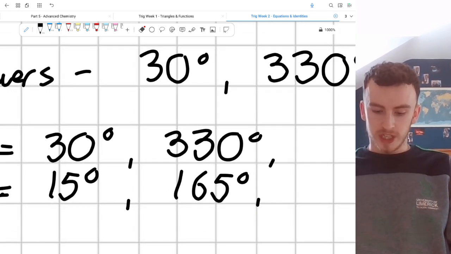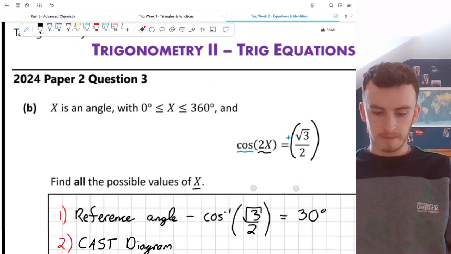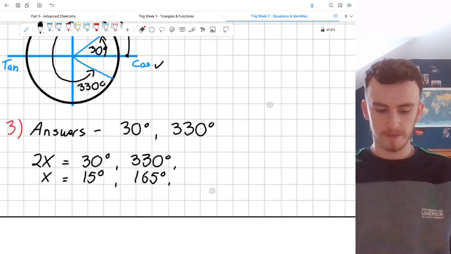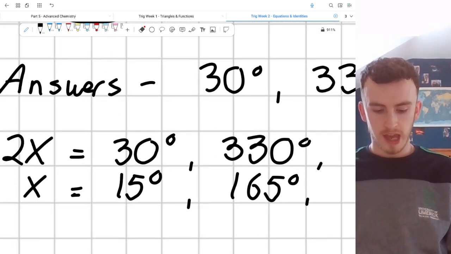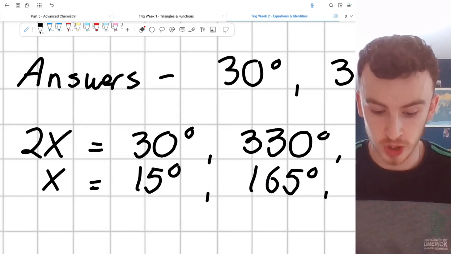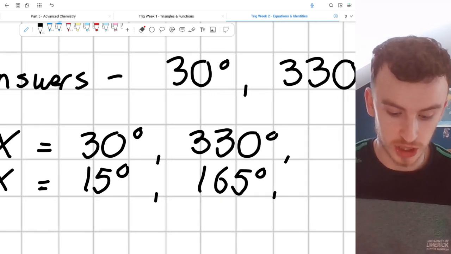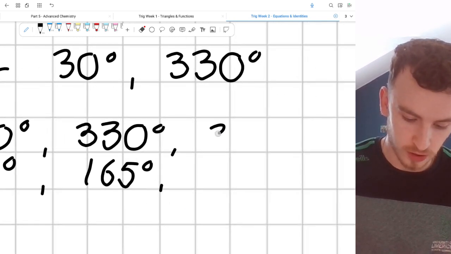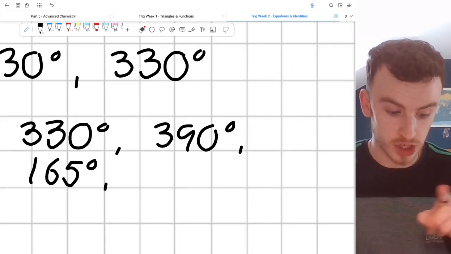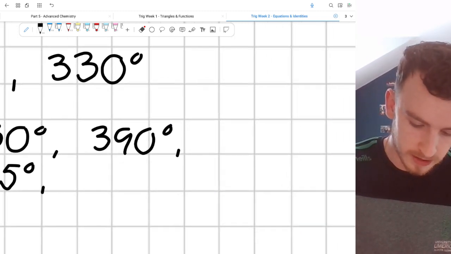Now, find all values of x. So we're told in the question again, x is between 0 and 360, right? So if I add on a full rotation to my answers for 2x, so if I add on a full rotation to 30 degrees, that gives me 390. And if I add on a full rotation to 330, that gives me 690.